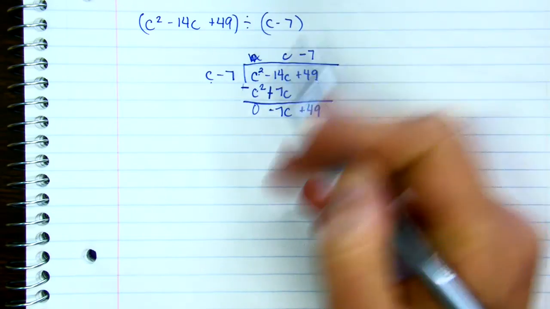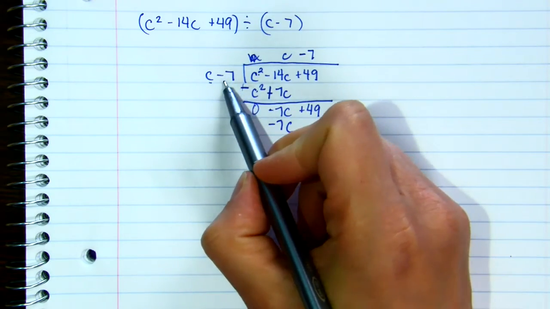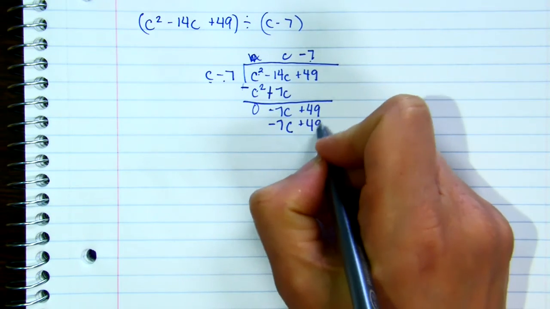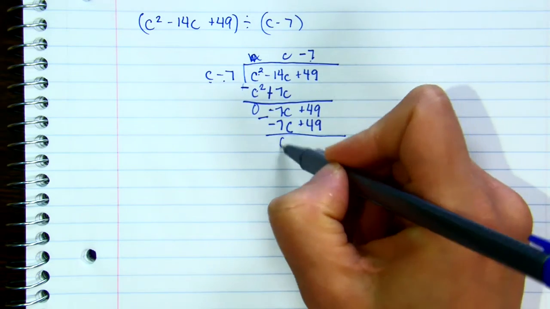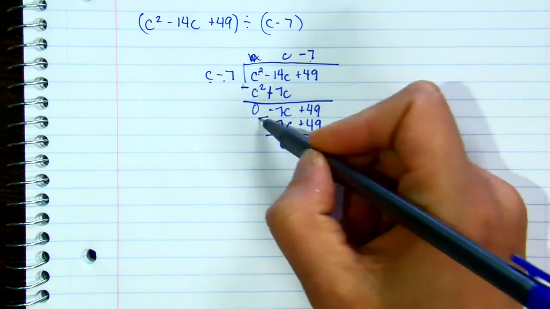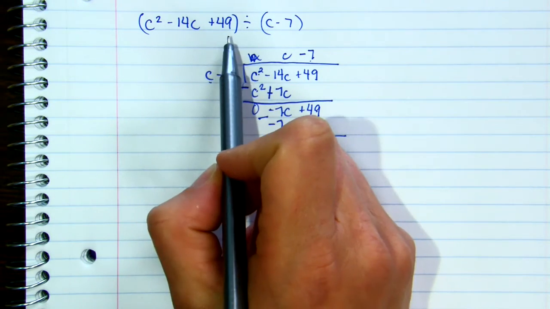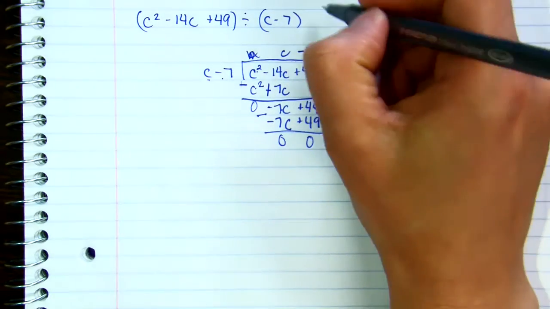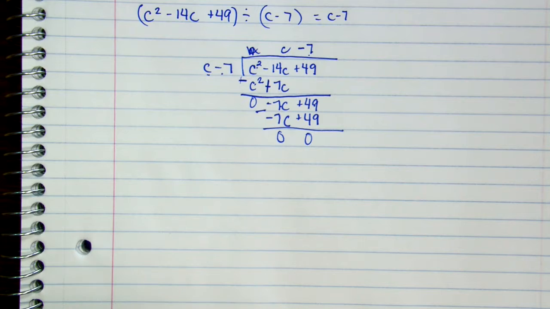So I'm multiplying by negative 7. c times negative 7 is negative 7c. Negative 7 times negative 7 is a positive 49. Negative 7c minus the negative 7c gives me 0c there. 49 minus 49 is 0. So when I do c squared minus 14c plus 49 divided by c minus 7, I get c minus 7 as my answer.